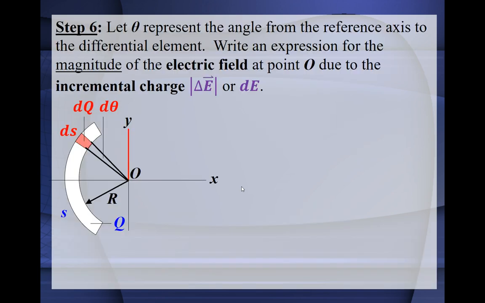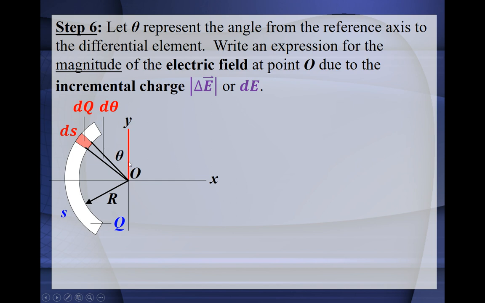Now, step 6. Theta represents the angle from the reference axis to the differential element. What I want to do now is write down an expression for the magnitude of the electric field at point O due to this differential arc length, which contains a differential amount of charge, dq.